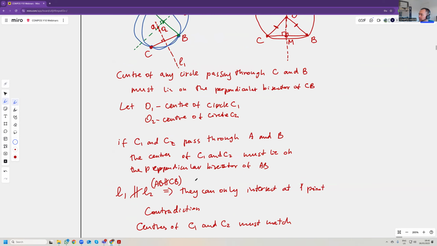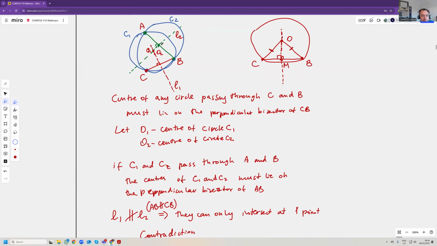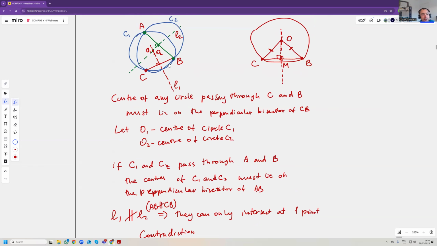So there's a question why they are not parallel. Because AB is not parallel to CB, therefore L1 is not parallel to L2. So that means they can only intersect at one point, and the center of the two circles must match.